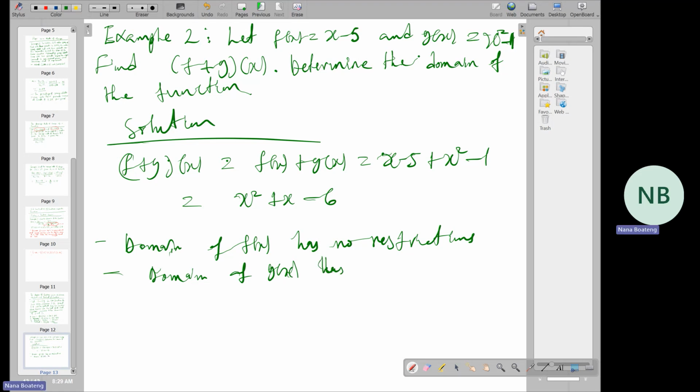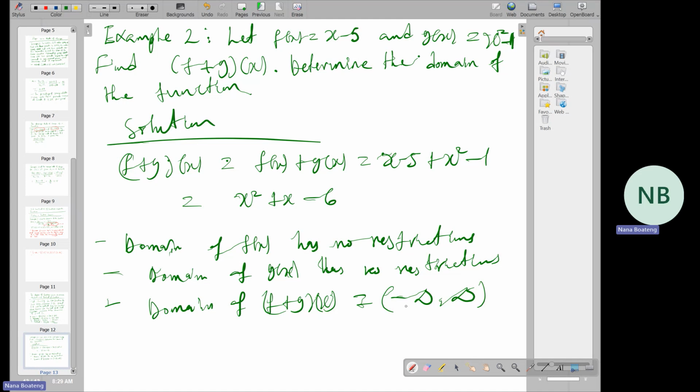Therefore the domain of f plus g also has no restrictions. It is equal to minus infinity to infinity.